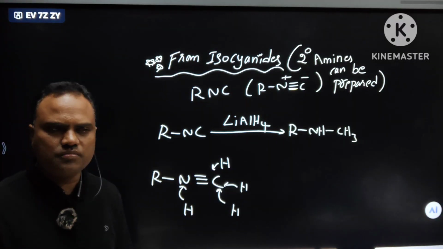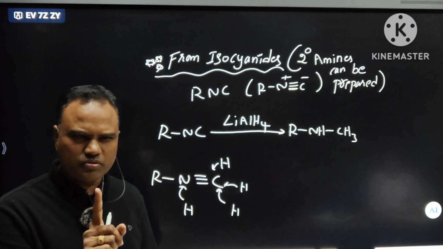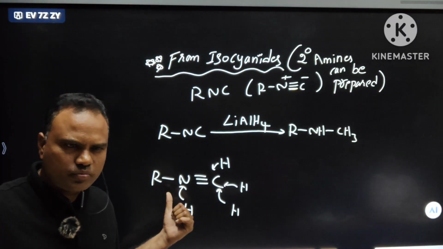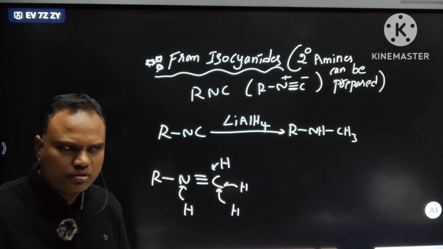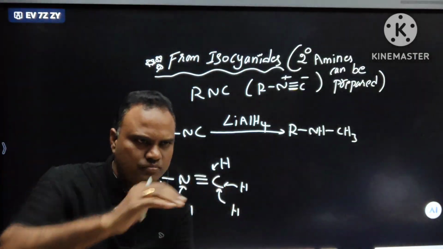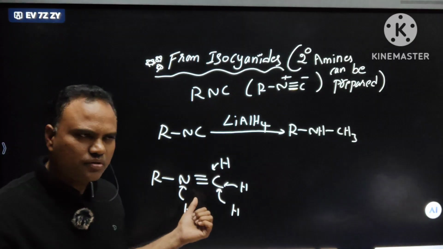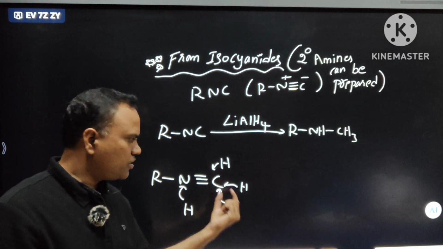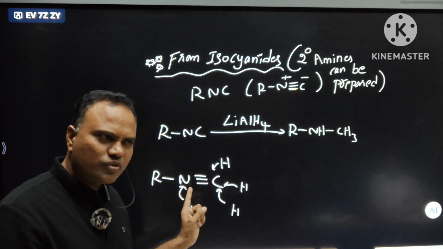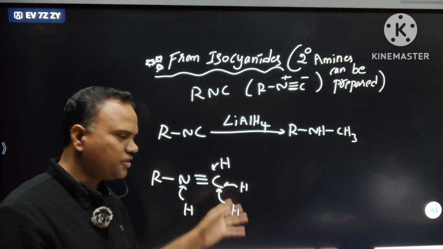Nitrogen valence is maximum 3. I'll tell you why I'm adding only one hydrogen to this nitrogen. On the left hand side one group is there, on the right hand side one carbon is there, so nitrogen is already connected by two bonds, and you have to attach only one hydrogen. To this carbon, on the left hand side only the nitrogen is there, but carbon valence is 4, so the remaining 3 are hydrogens.